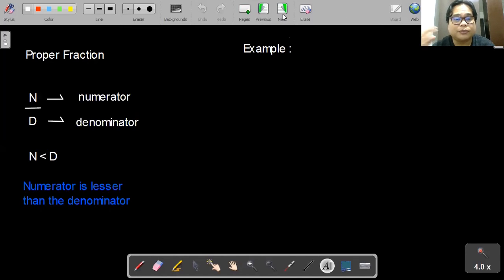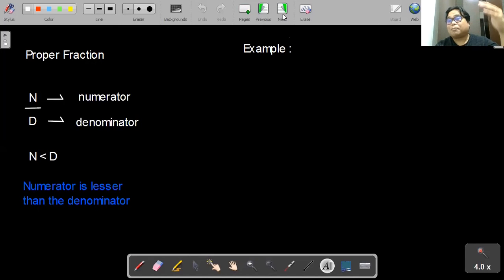Our first form of fraction is actually called proper fraction. Okay, so when you have a number depicted in the same way as what I have here on the screen, you have n over d. If you see any kind of number that looks that way, that's a fraction.